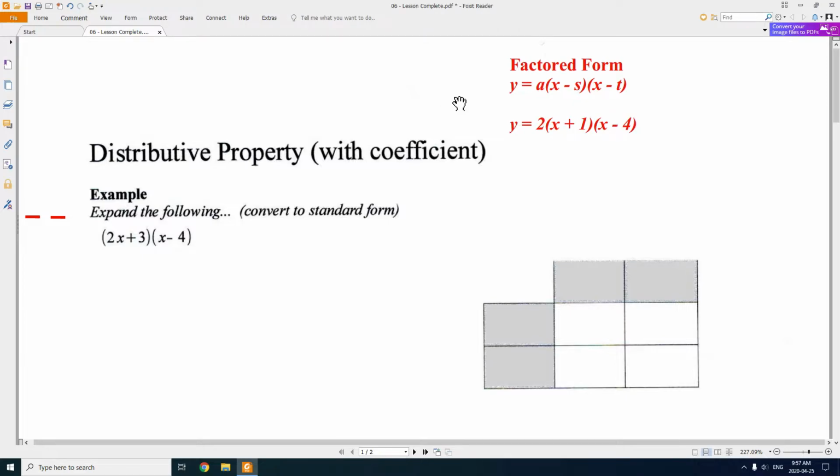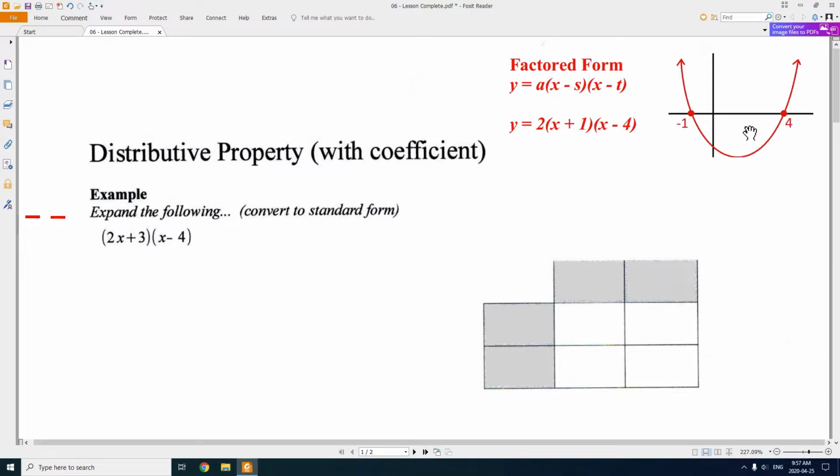Just to give you a quick example, we saw ones like this last week. In this particular case, we have a parabola because it has an x times an x squared. And we know the x-intercepts because it's in factored form. We would switch the signs. X-intercepts are -1 and +4. You could start to do a rough sketch.